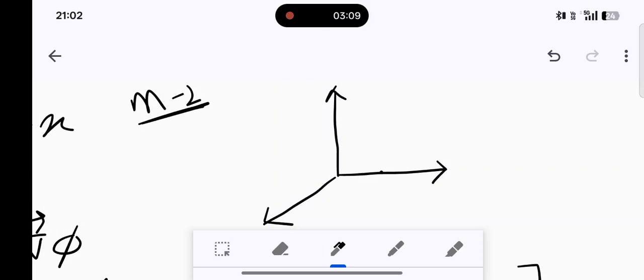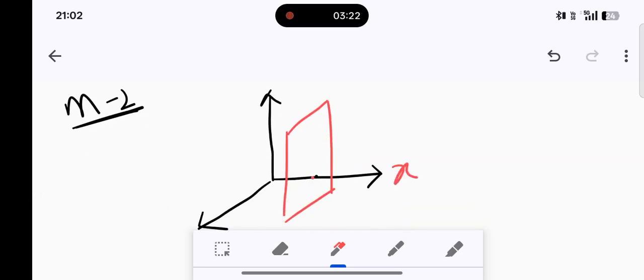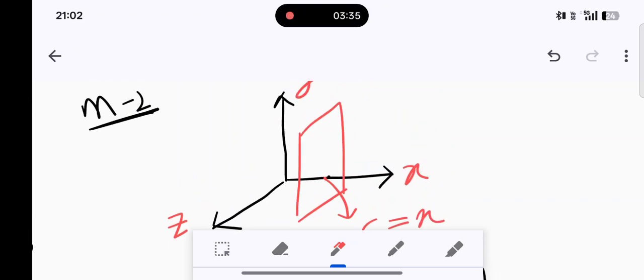Let's say this is the point x equals c. This is nothing but an infinite sheet, because this is the x axis, this is the y axis, and this is the z axis. This is the point c, x equals c. This is an infinite sheet.